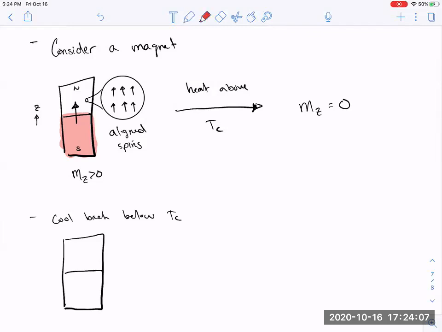we would start with a system that has its spins microscopically disordered, no net orientation.